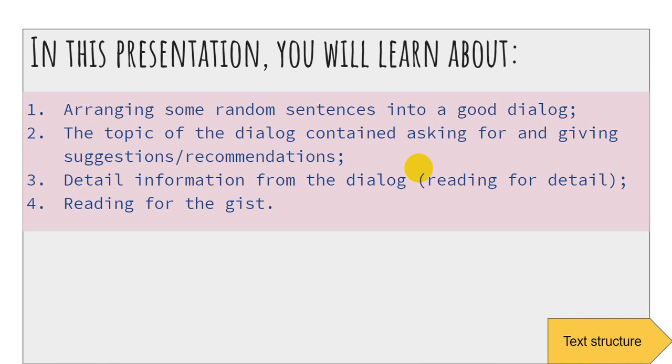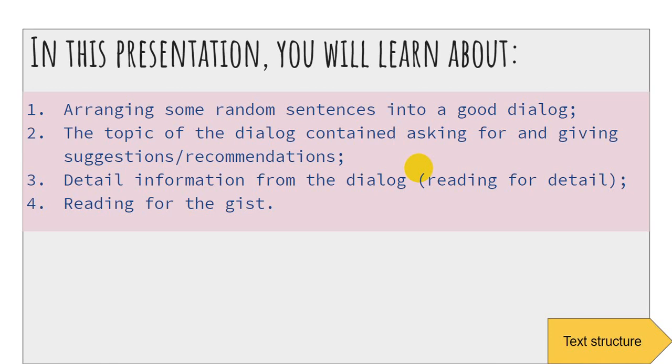Alright, in this presentation, you will learn about 4 things. The first one is how to arrange some random sentences into a dialogue. The second one is how to find the topic in the dialogue containing asking for and giving suggestions or recommendations.